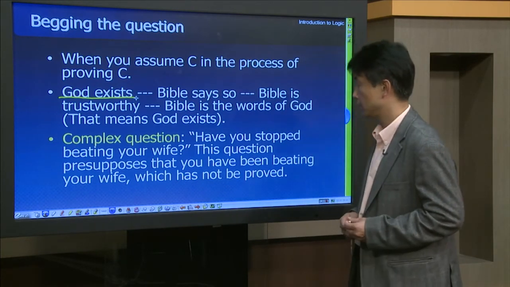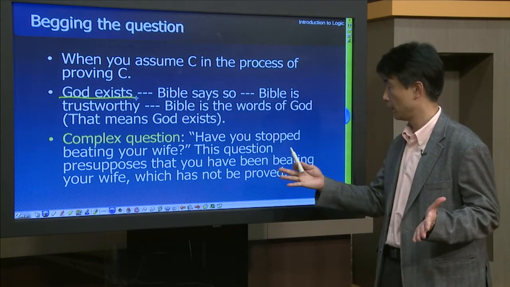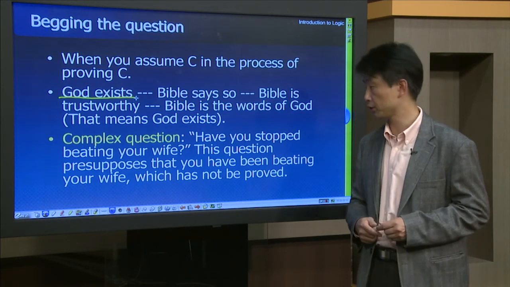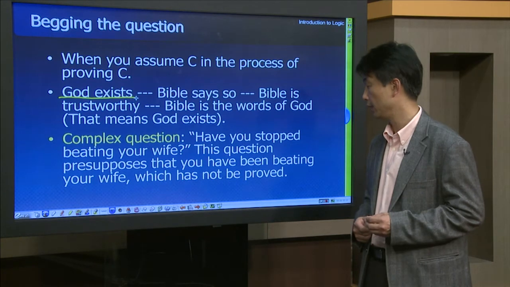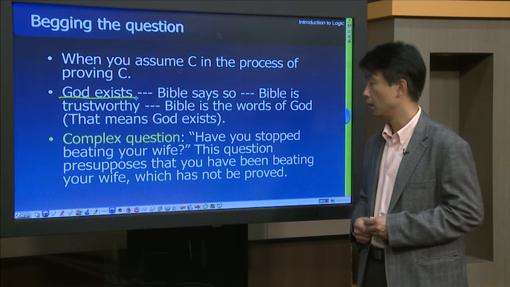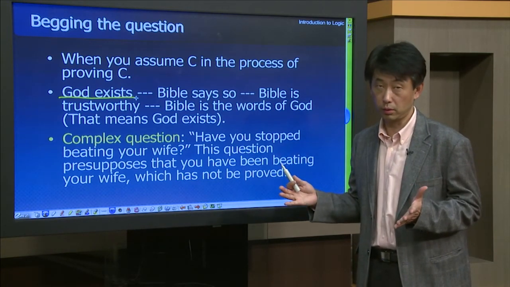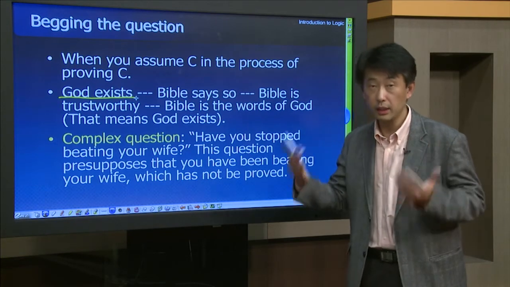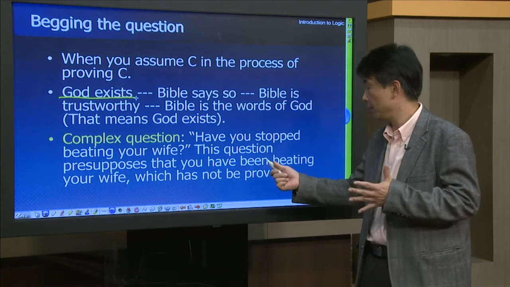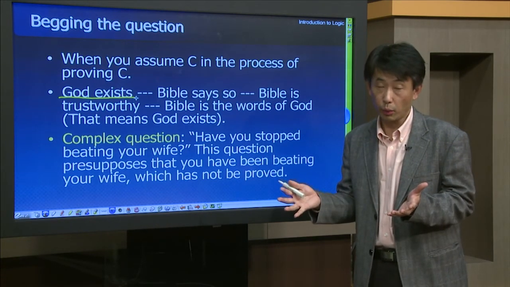Complex question, an example of that is like, have you stopped beating your wife? This question presupposes that you have been beating your wife. So either way, if you say either yes or no, you are kind of admitting that you have been beating your wife, and you may question that.